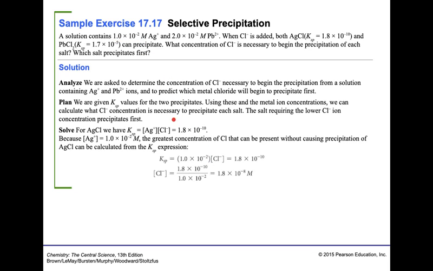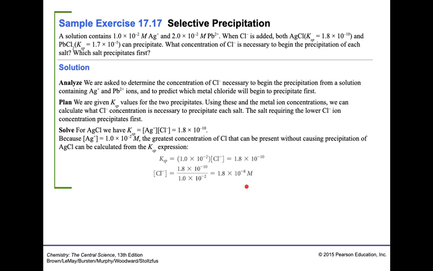It already told you what concentration of silver you have. So if I set that equal to 1.8 times 10 to the negative 10th, then I can solve for the concentration of chloride that would be necessary to begin the precipitation, right? Because this is your equilibrium concentration. As soon as you exceed that concentration, you're going to start getting a precipitate.